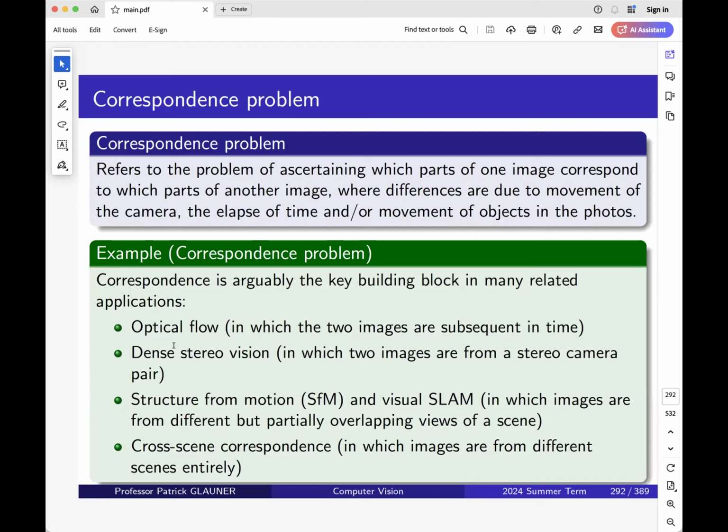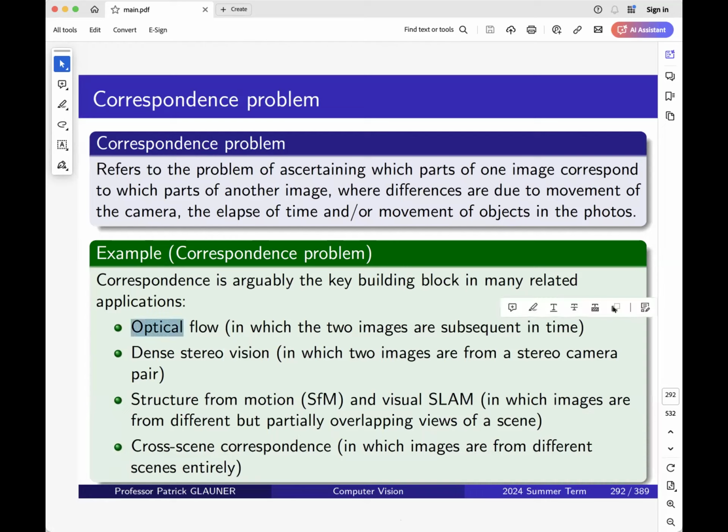There is also optical flow. Optical flow means the flow of time in two images taken from the same camera, for example. There's also cross-scene correspondence, in which images are from two totally different scenes and you may want to match something. And there is also structure from motion and visual SLAM, in which images are from different but partially overlapping views of a scene.